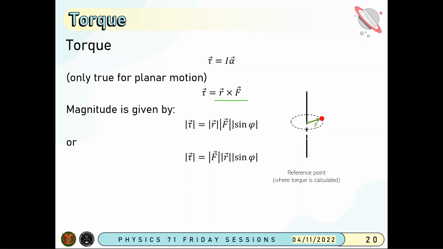The radial vector of the object na nagro-rotate is the distance from the axis of rotation. So yun yung basis mo ngayon ng R. Same dun sa pagkuha natin ng moment of inertia, but here we have a vector. Okay?